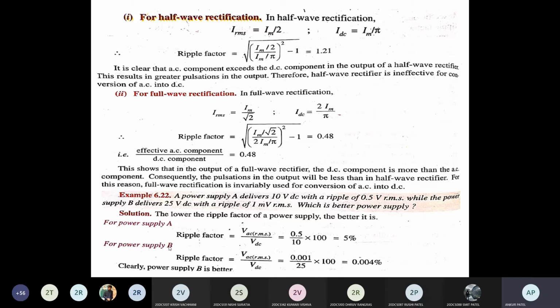For power supply B, V_AC upon V_DC, it is given 1 millivolt, so 0.001 upon 25, which is 0.004%. So for power supply B the ripple is very small, 1 millivolt, whereas for power supply A it is 0.5 volt, so it is higher compared to B. So power supply B is better compared to A.